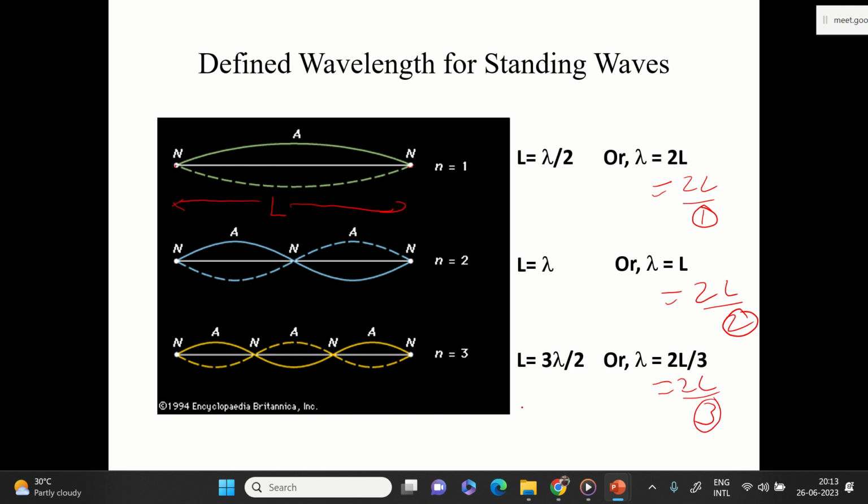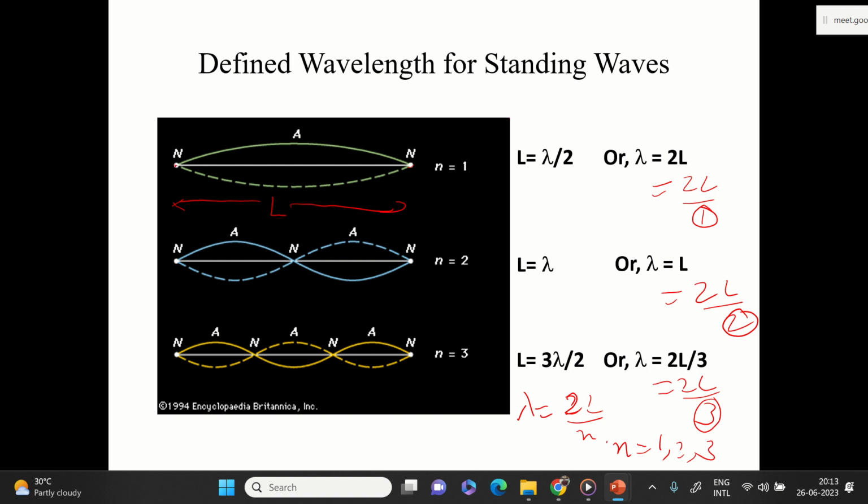Or in general, lambda is 2L by n, where n is equal to 1, 2, 3. So this n, the integer 1, 2, 3, is called the quantum number.